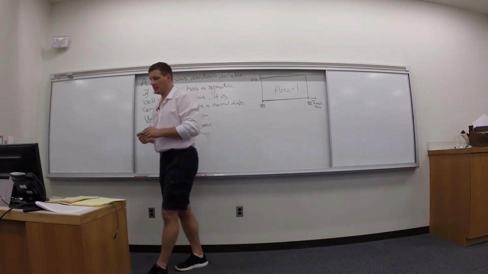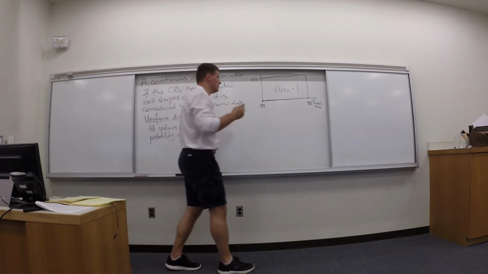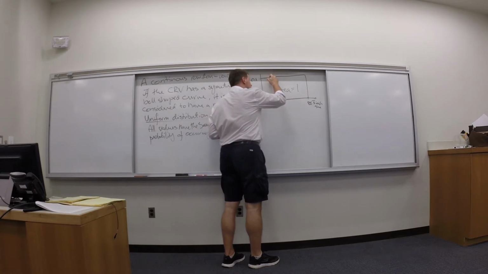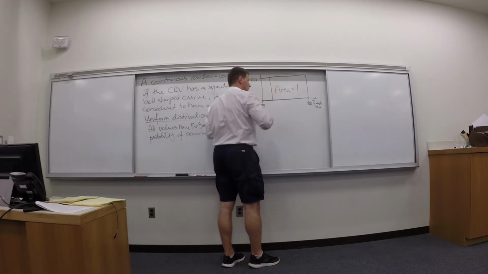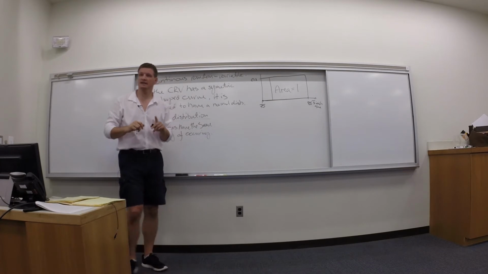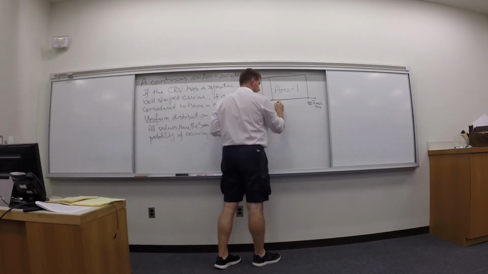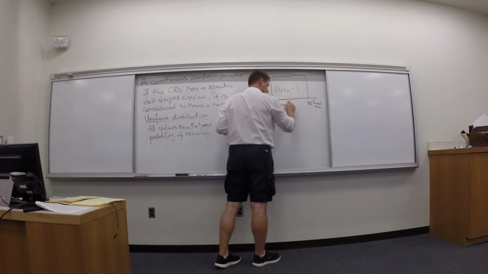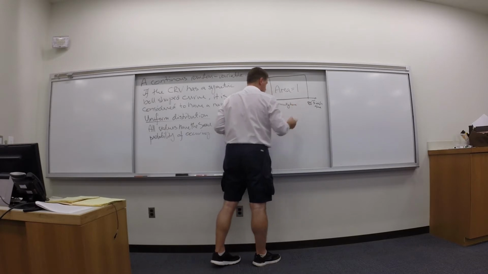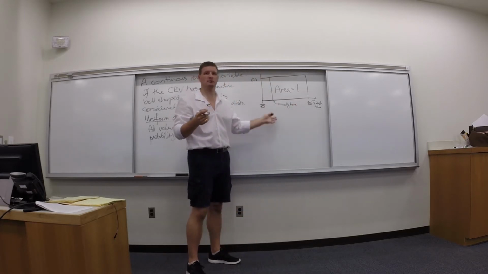Okay. Can somebody tell me what's the probability of exactly finishing right here? Exactly there. What's the probability of finishing exactly here? Doesn't matter. I can give you a number, but it doesn't matter.